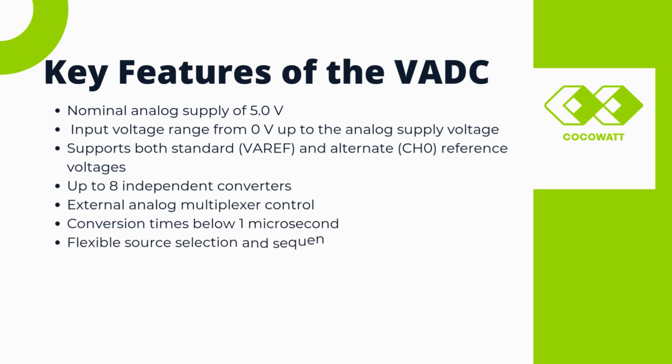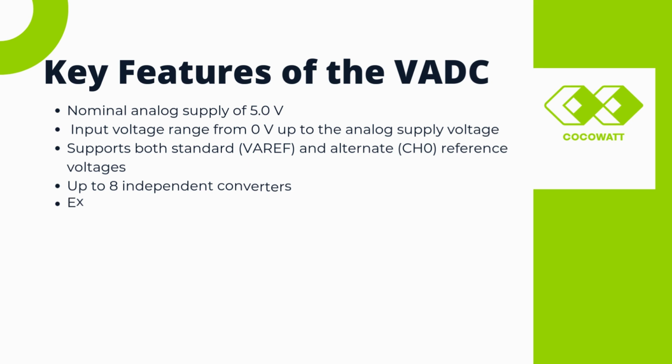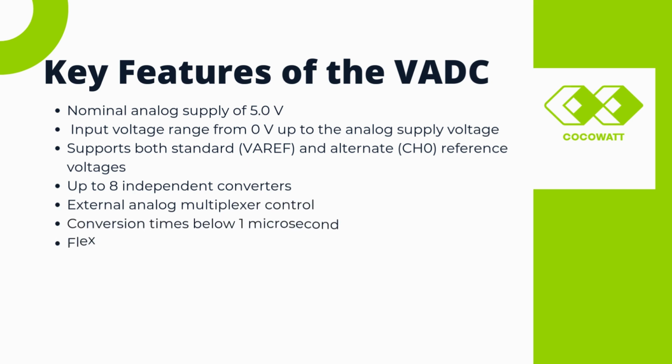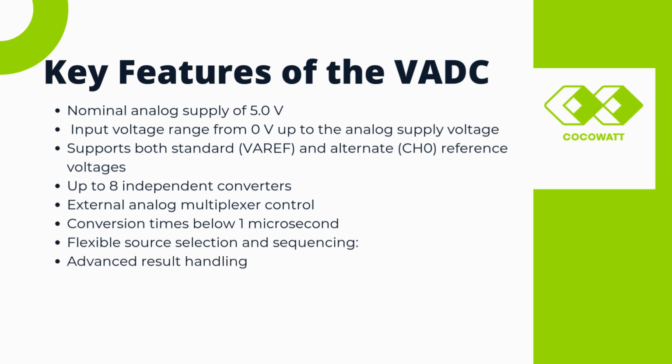It supports both the standard VAREF and an alternative channel 0 reference voltage for flexible measurement, and includes up to 8 independent converters, each with up to 8 analog input channels. It offers external analog multiplexer control, adjustable sample time and scan support, and it provides conversion time below 1 microsecond. Again, it depends on resolution and sample settings.